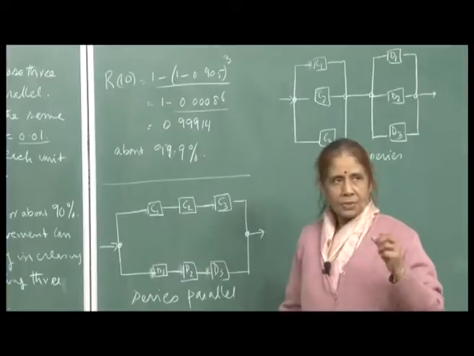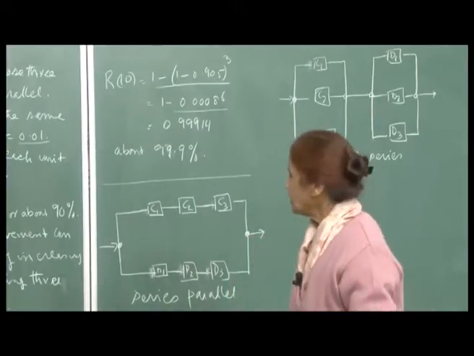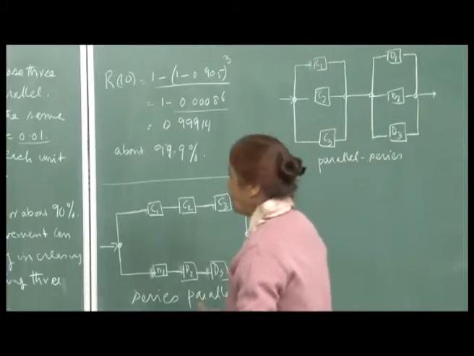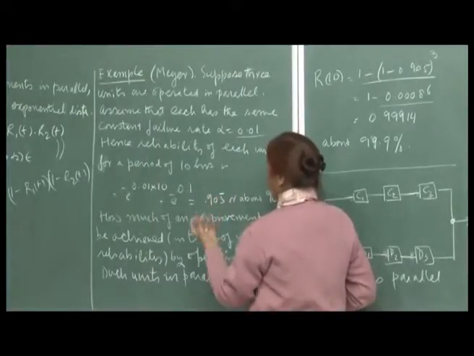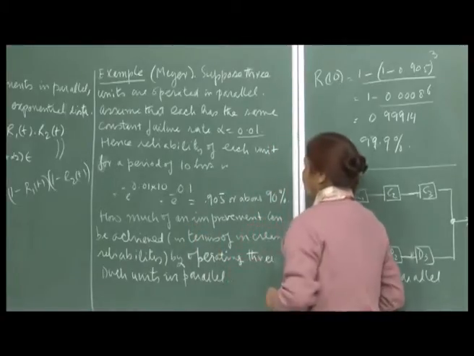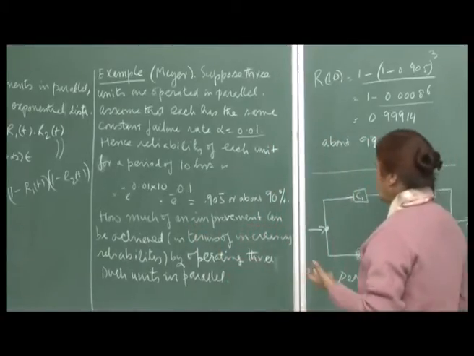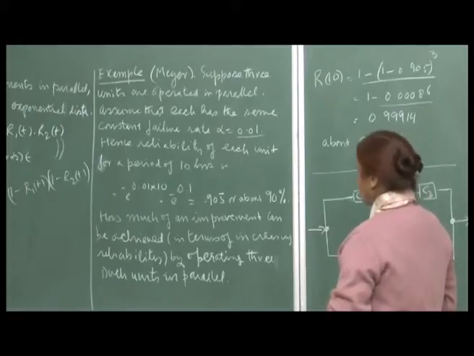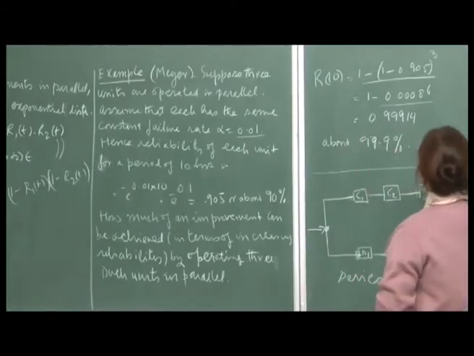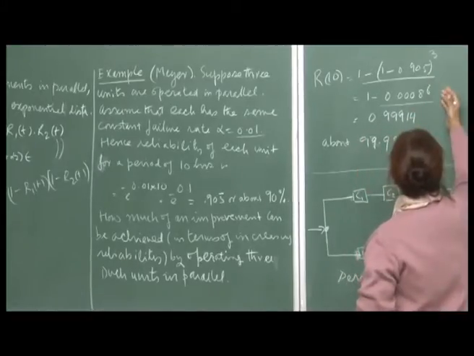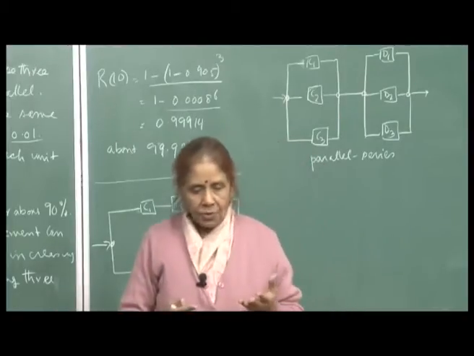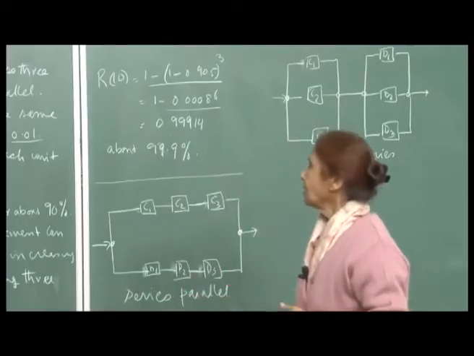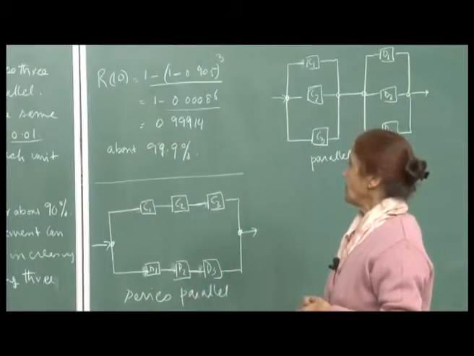The numbers drive home the point: if you just had one component in the system, the probability of its operating for 10 hours would be only 90%. But if you have 3 in parallel, you will almost be sure that the device will still be functioning at the end of the 10-hour period.